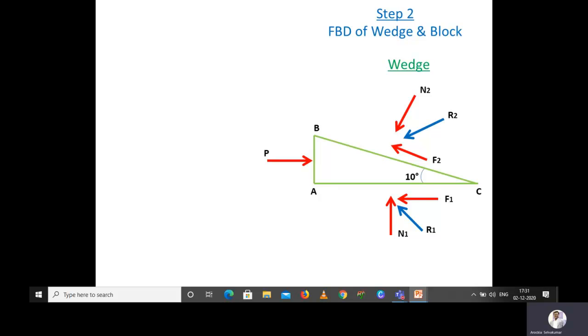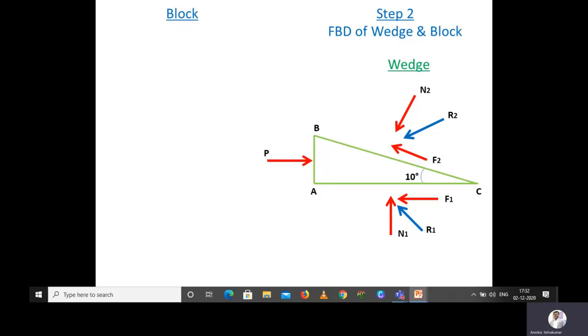After that we can relate it with F2 or N2 to calculate the force values and normal reaction values. So once again I will repeat that F1 and N1 can be replaced with a single resultant force R1. Similarly, F2 and N2 can be replaced with a single force, that is resultant R2. So these things we are doing for solving the problem simple, because instead of 5 unknowns, if we are considering R1 or R2, the unknowns will be 3, that is P, R1 and R2.